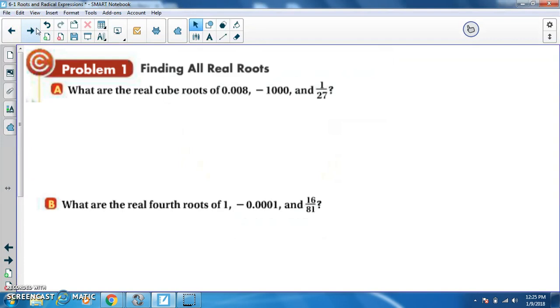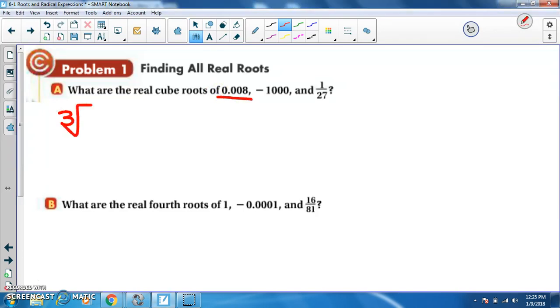Finding all real roots. What are the real cube roots of 0.008? Therefore, I need to know what times itself times itself is equal to 0.008. Or what cubed equals 0.008.